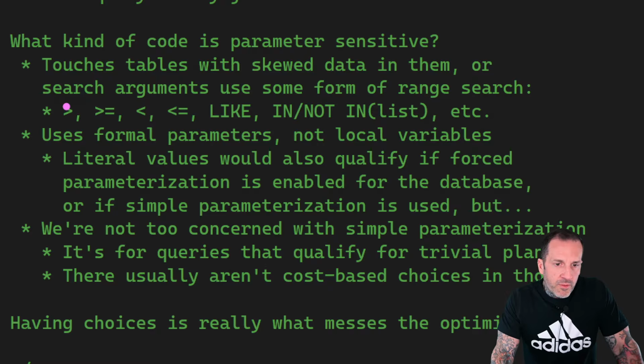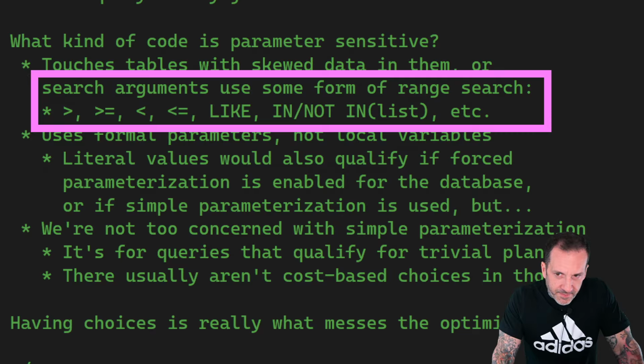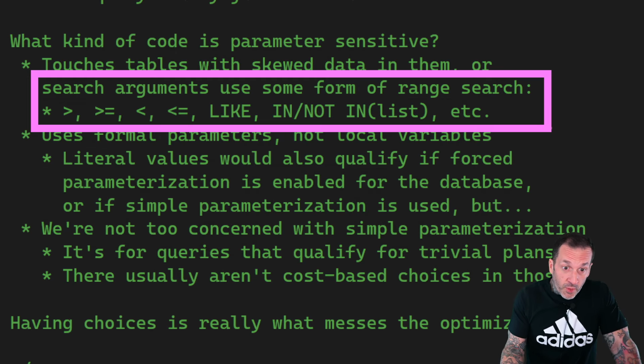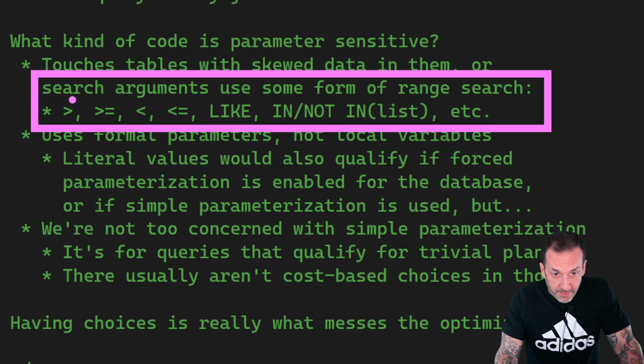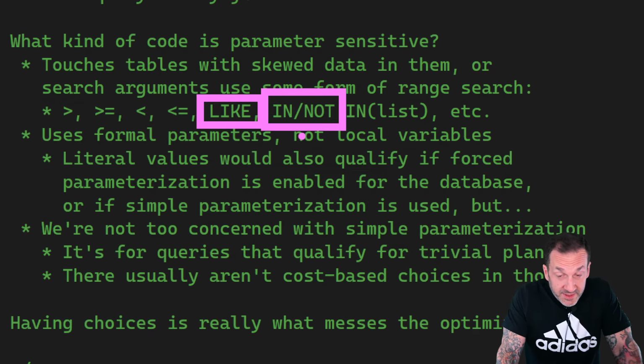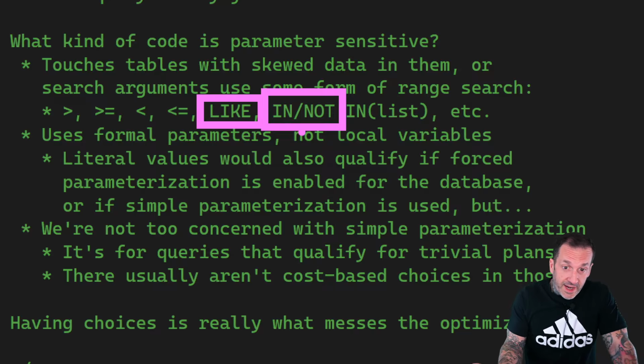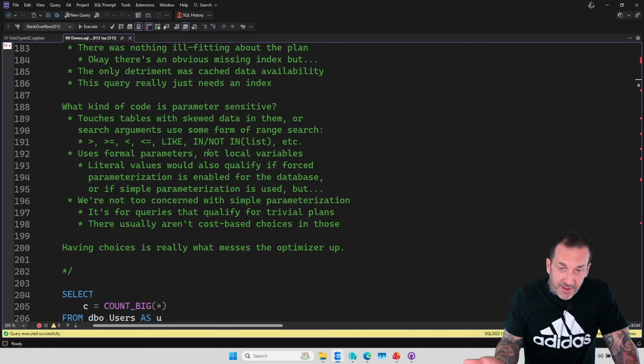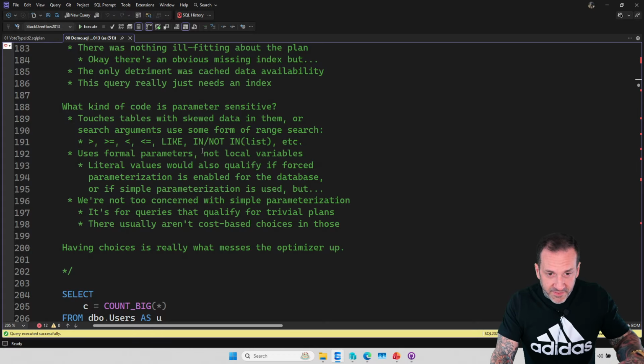You can also run into it with things like inequality predicates, where sometimes they may find way more data than others, right? So it's really easy to imagine that with a cached plan using something like this. But you can also run into that with LIKE predicates. You can run into that with IN and NOT IN stuff. So there are lots of places you can run into skewed data. I think LIKE is a particularly fun one. We'll look at an example with that in a few.